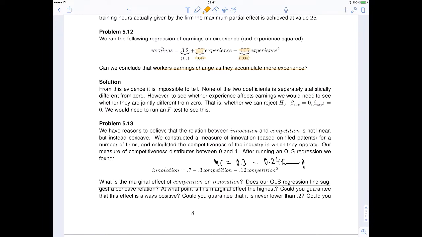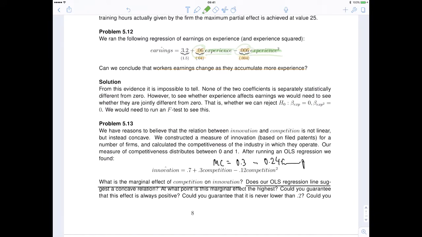But experience enters here and here, right? So if it enters on these two, then we need an f-test to do that. If you want to say that experience doesn't have an effect, then you should be able to claim that it won't have an effect through this term and it won't have an effect through this term.